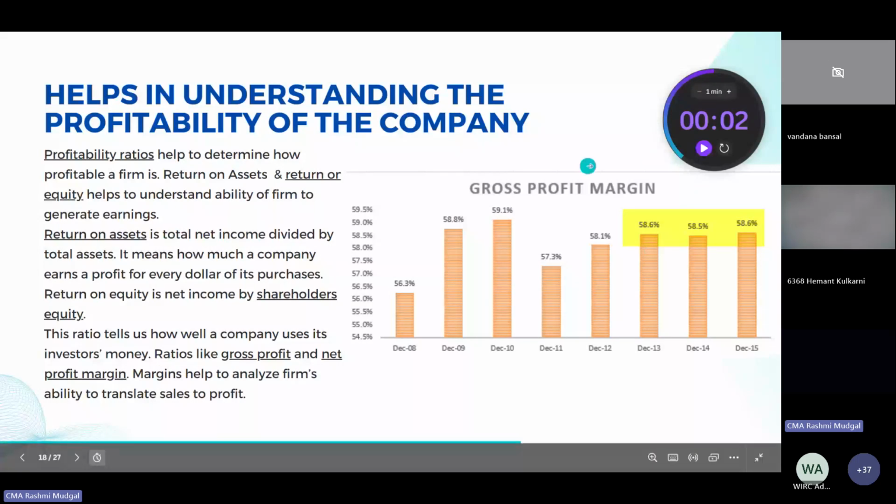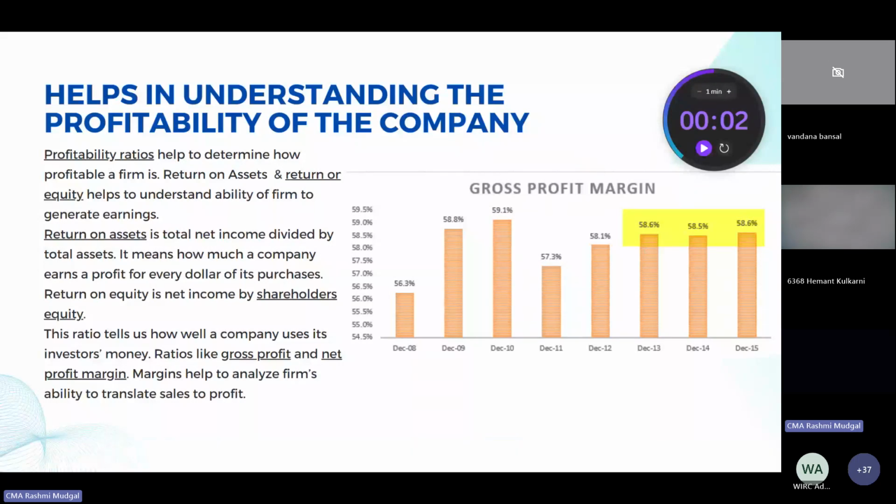So the profitability ratio helps to determine the profit of a firm. Return on asset and return on equity help to understand the ability of a firm to generate earnings. Return on asset is total income divided by total assets.